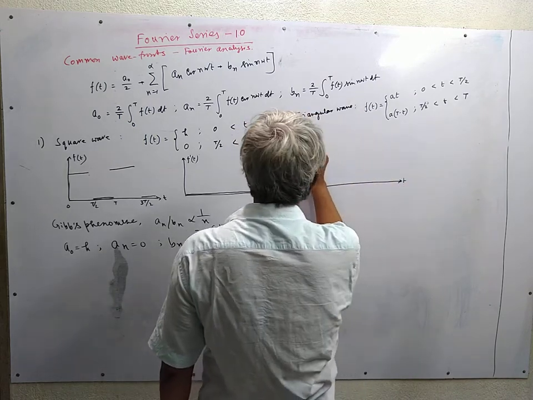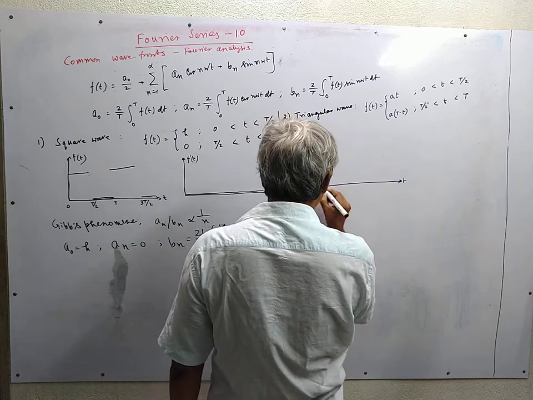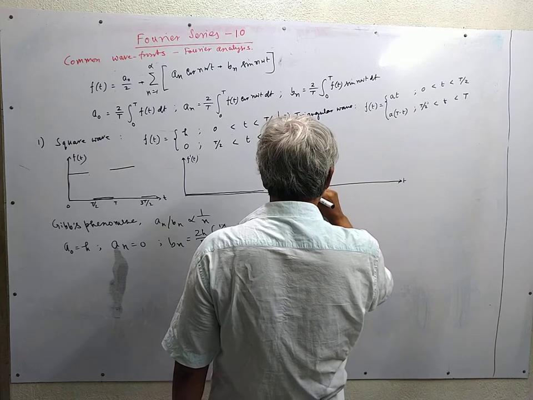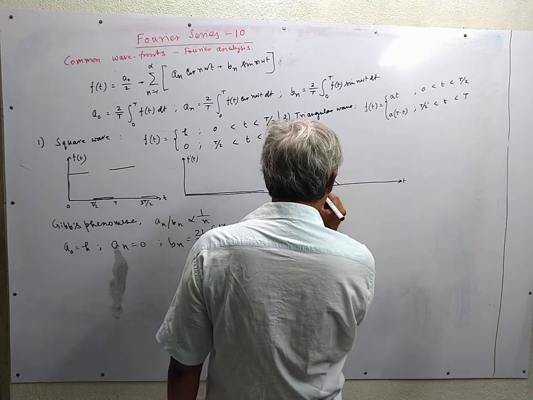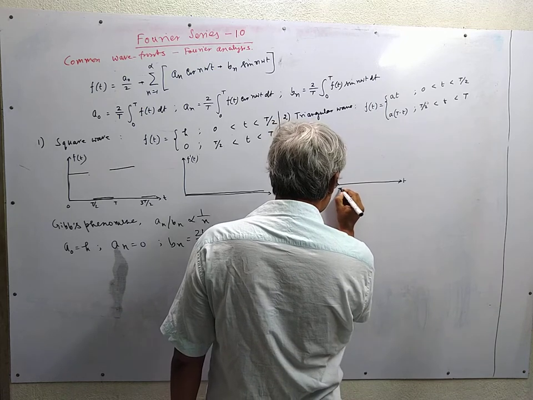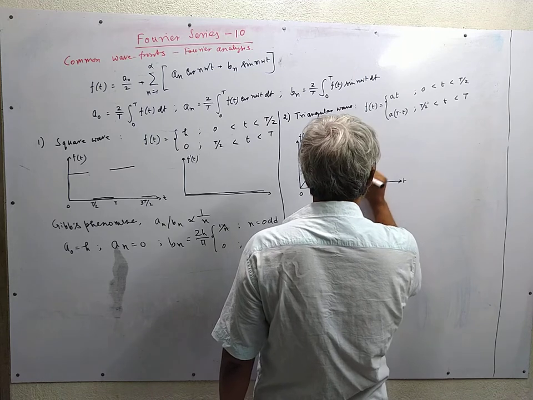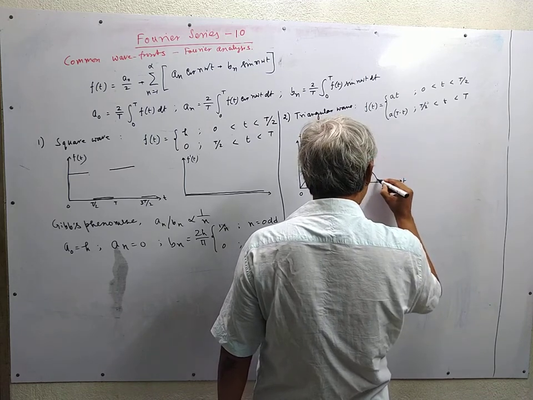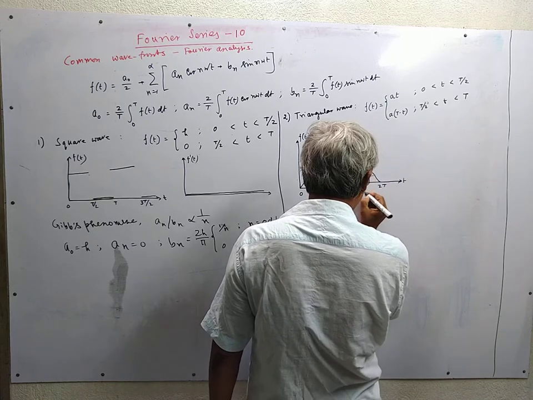This is the t-axis, this is the f of t axis. In the first half, the graph increases linearly, and then in the second half it goes to 0. So this is T by 2, this is T, this is 0, and again they are the triangles. This is 2T and 3T by 2.